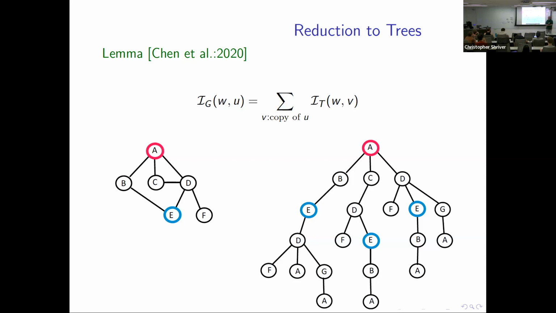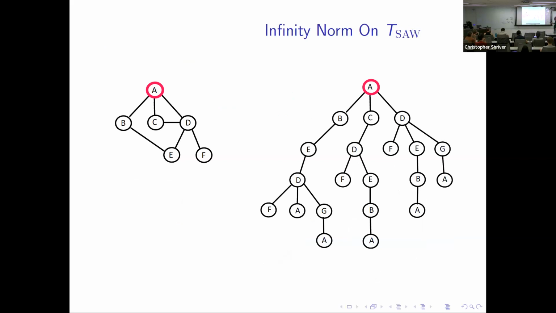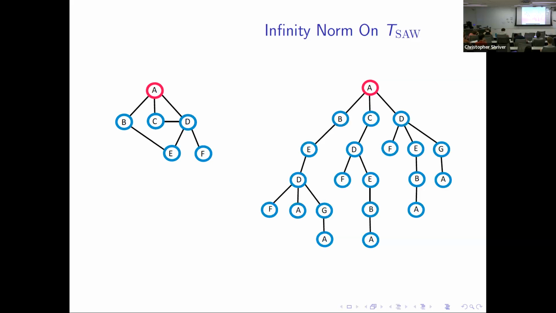This is somehow analogous to the marginal we've been looking at for the deterministic algorithms. And with the infinity norm, what we need for the graph is to compute the influence of A to all the vertices in the graph. For the tree, this is reduced to summing the influence of A to all the vertices in the tree.